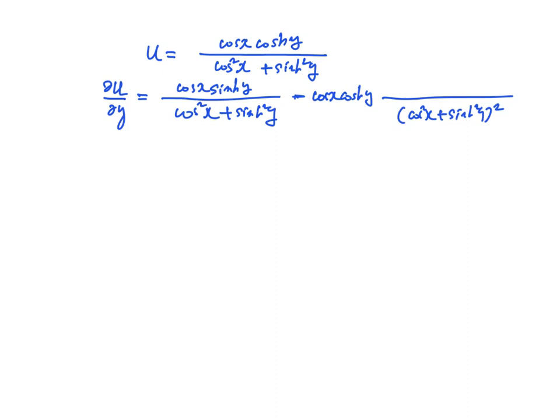And then take a derivative. So twice over sine hyperbolic y cosine hyperbolic y, right?